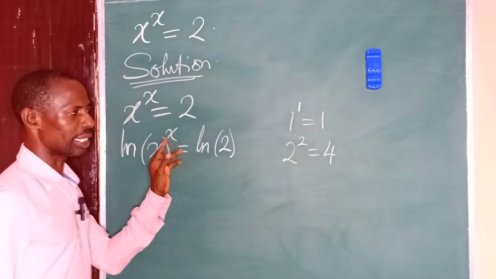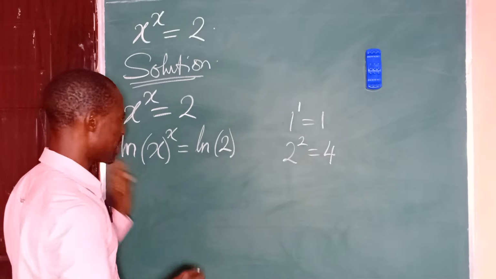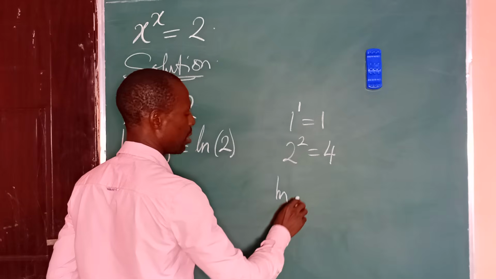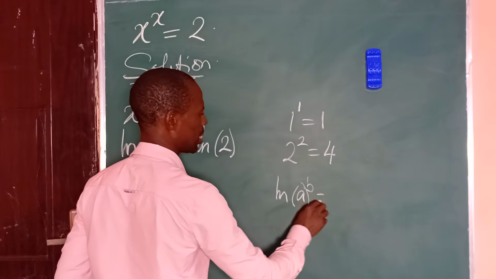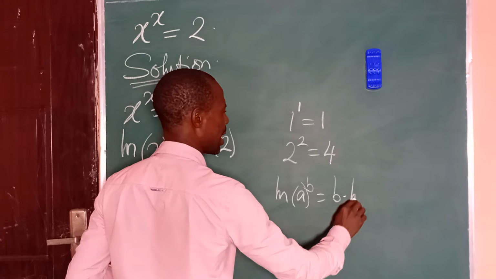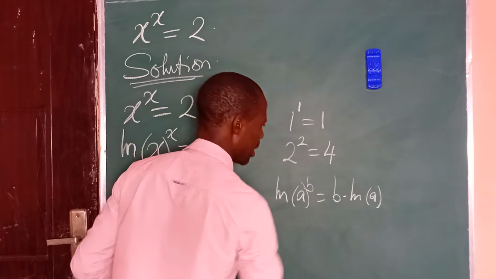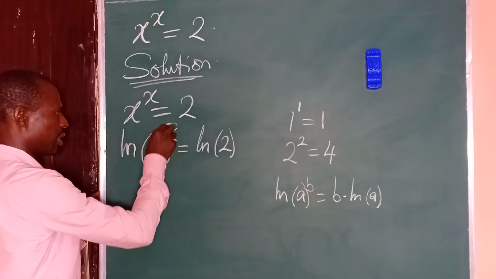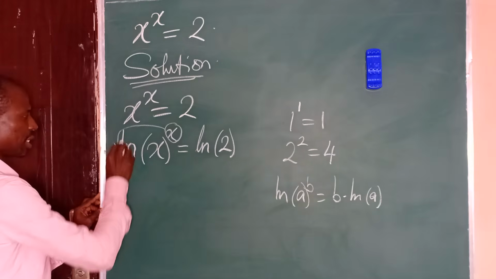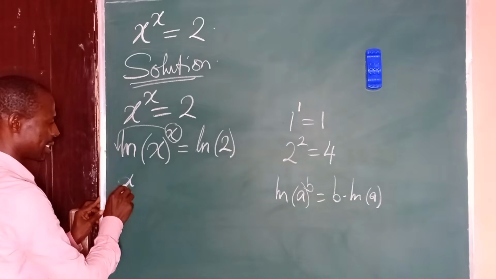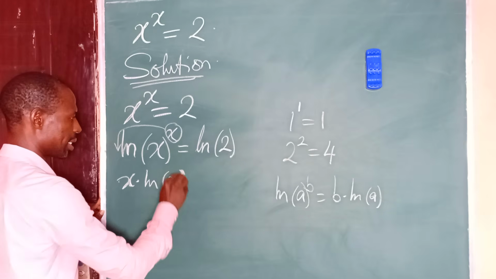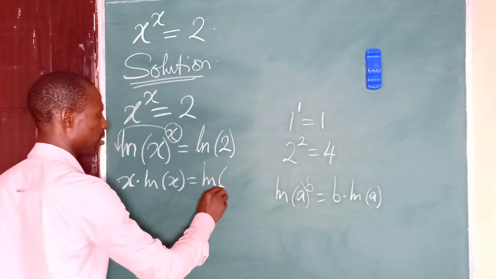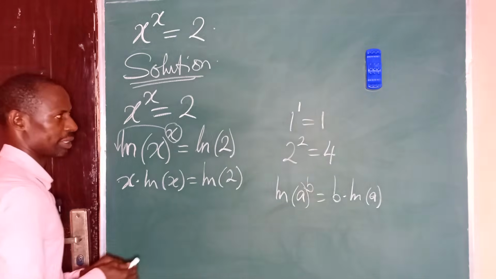Then we apply the law of logarithm, which says that the ln of a to the b is equal to b times the ln of a. And so we can move this exponent down to give us x times the ln of x equal to the ln of 2.